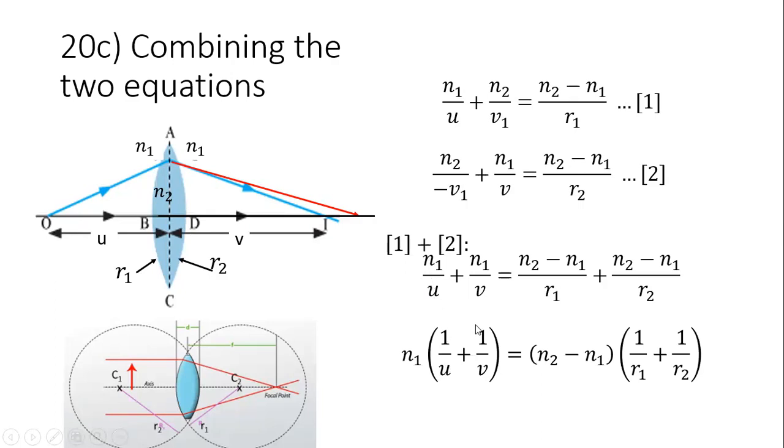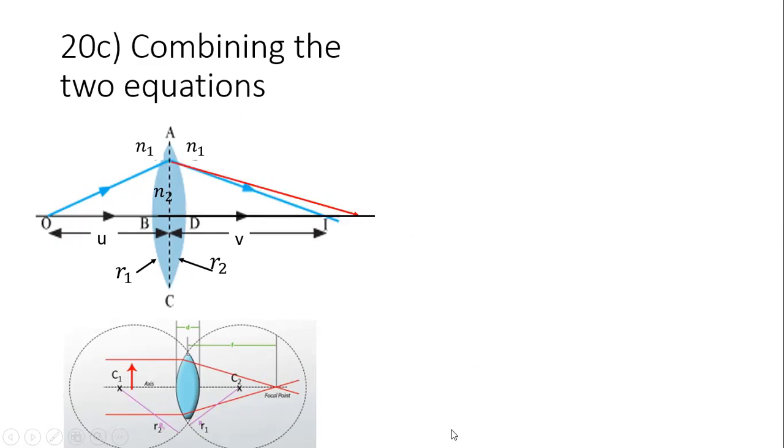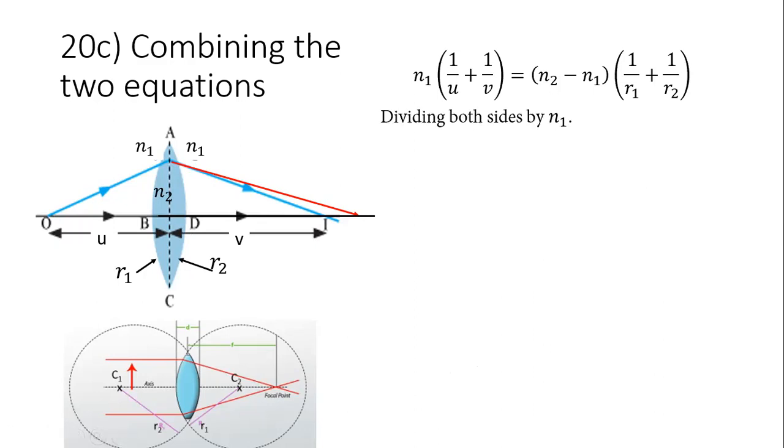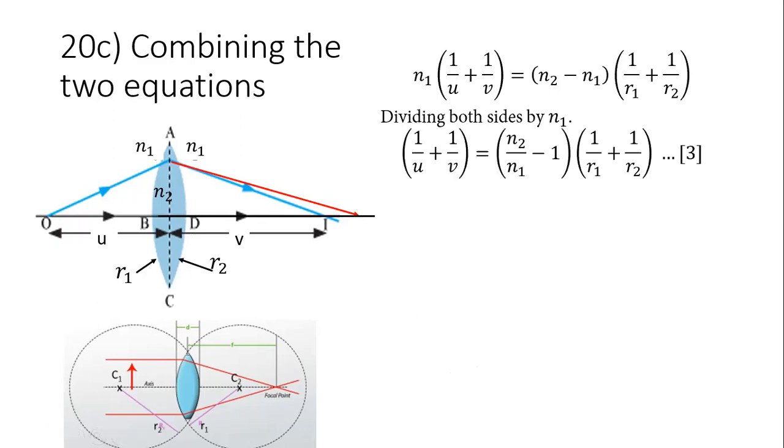This one is 1 over U plus 1 over V. This side, common factor N2 minus N1, take it out. So they become 1 over R1 plus 1 over R2. Dividing by N1, 1 over U plus 1 over V equals N2 divided by N1 minus 1. So that's the third equation.